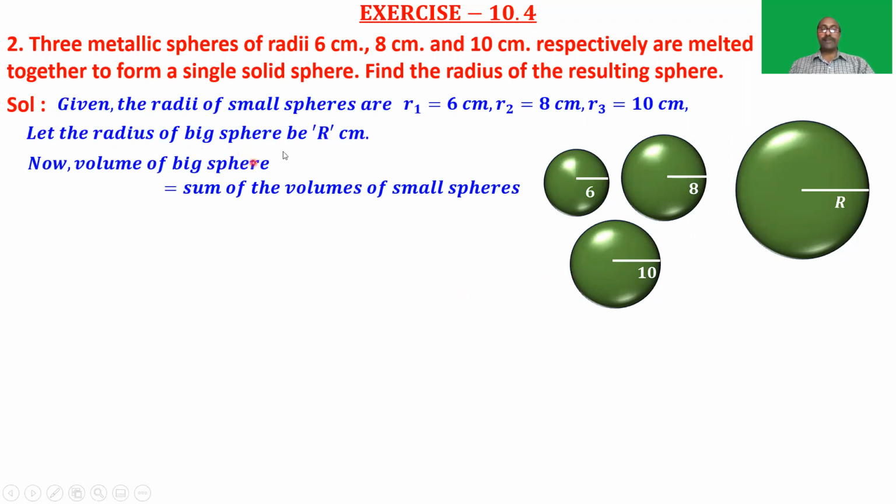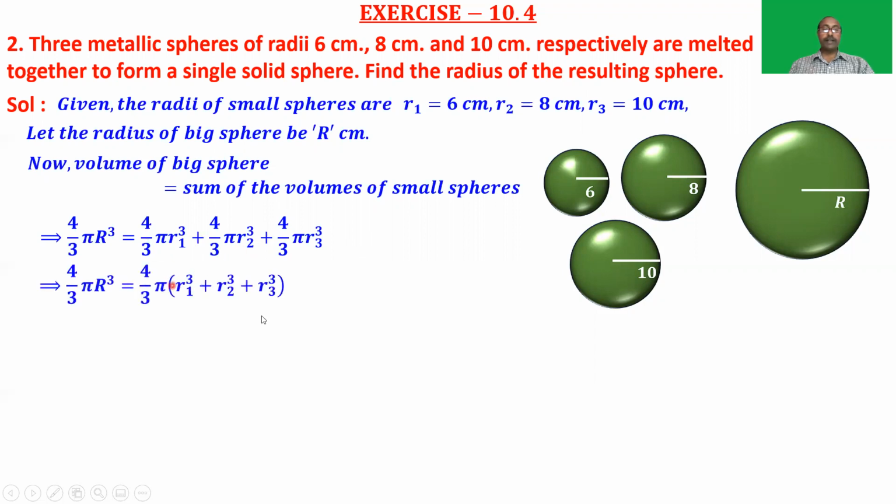As the radius of the big sphere is capital R, the volume of the big sphere is 4 by 3 pi capital R cube. And similarly, the sum of the volumes of the small spheres is 4 by 3 pi r1 cube plus 4 by 3 pi r2 cube plus 4 by 3 pi r3 cube. By taking 4 by 3 pi common and cancelling, we get capital R cube is equal to R1 cube plus R2 cube plus R3 cube.